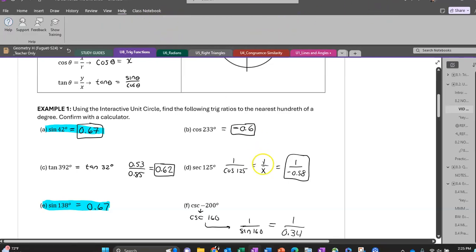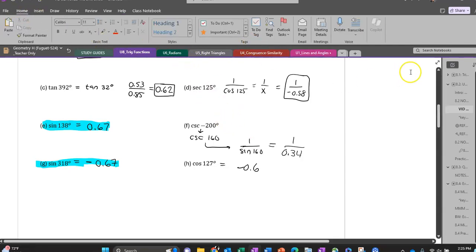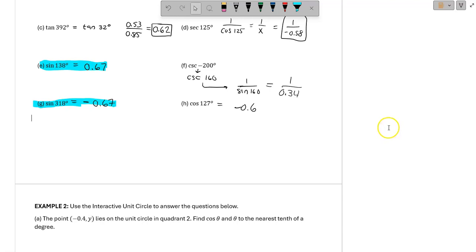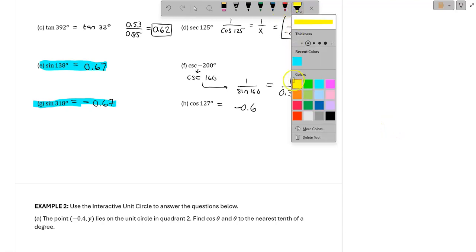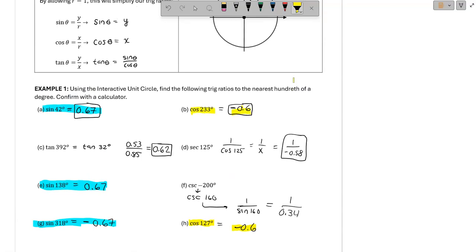Another thing I want to highlight is letters B and H, because they also gave us the same ratio, cosine of 127 and cosine of 233. We'll come back to that in just a moment.